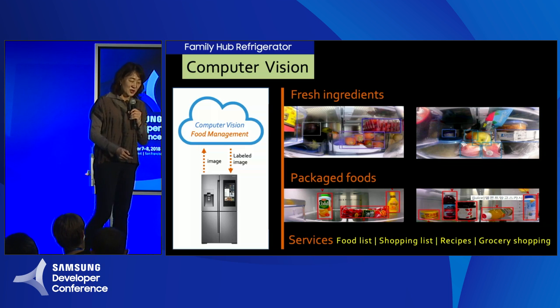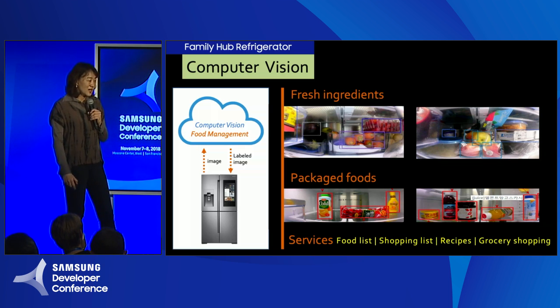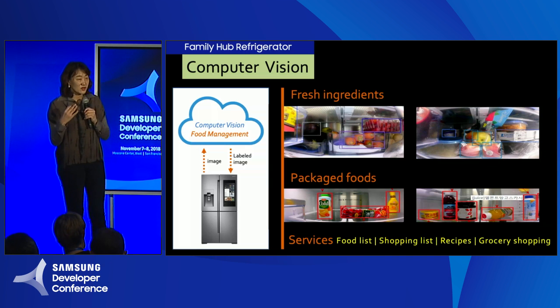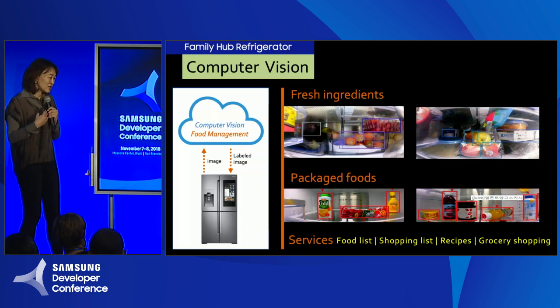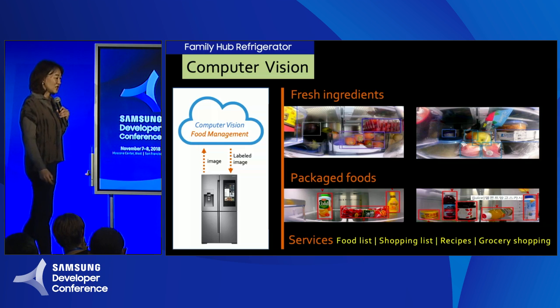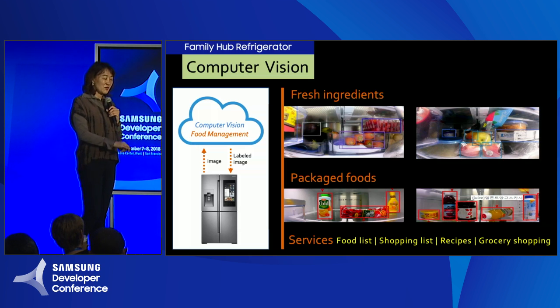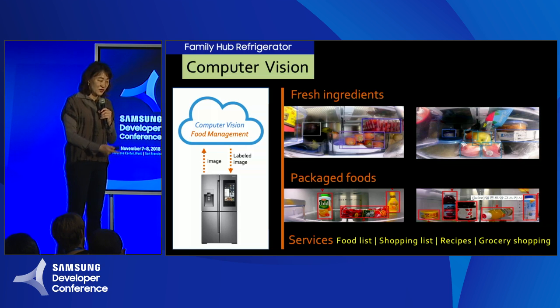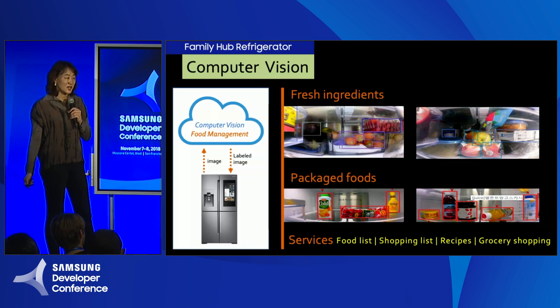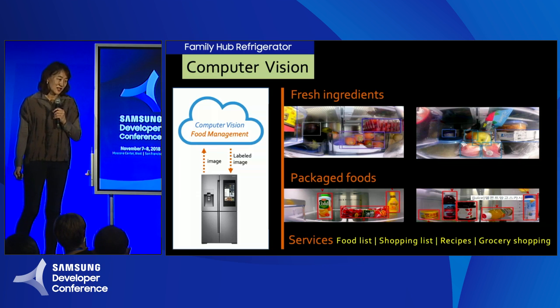So those are the kind of challenges, and we had to separate between fresh ingredients recognition and packaged food recognition. And once we do it, we have many food-related services, including shopping lists, recipes, grocery shopping, things like that, because depending on what you have in your fridge, we can recommend recipes using those ingredients.